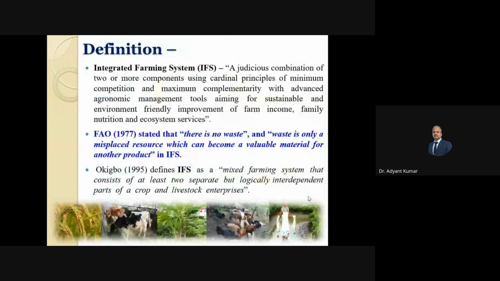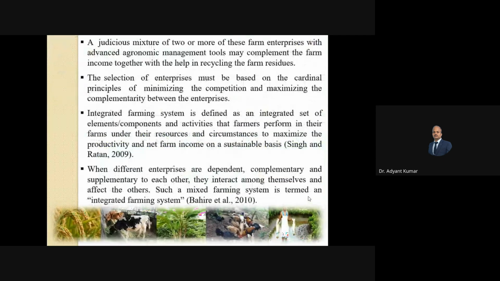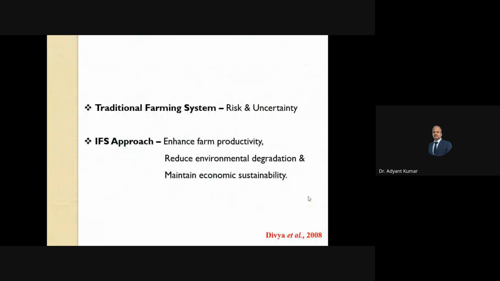There are various definitions, but we should go beyond that. Our traditional farming system is completely based on risk and uncertainty as well as subsistence, that is, the production value or economics they gain is in the limited quantity that can sustain their livelihood for a whole year.